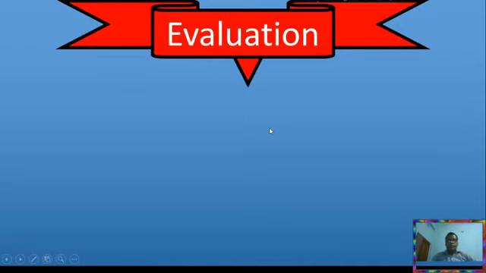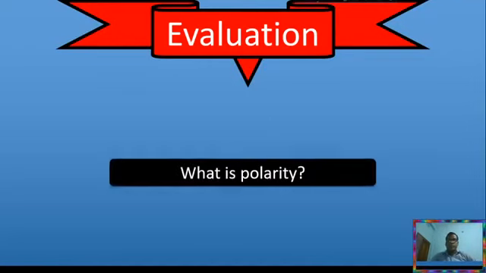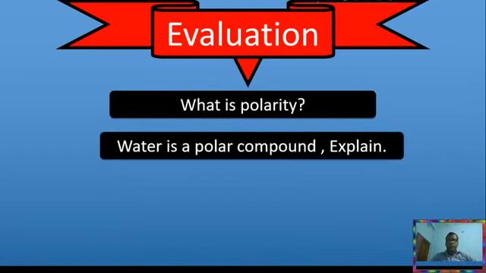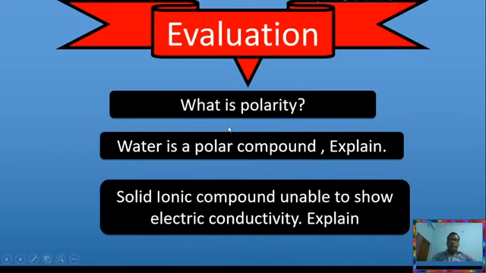Okay, so my dear students, let's go to the evaluation. What is polarity? This is the first question. And second, what is a polar compound? Explain. These questions are most important. And finally, solid ionic compounds are unable to show electric conductivity. Explain. Yes, my dear students, solid ionic compounds are unable to produce cations or anions.